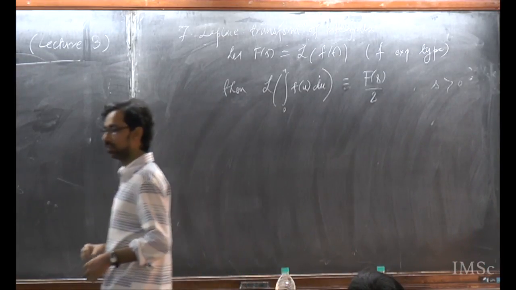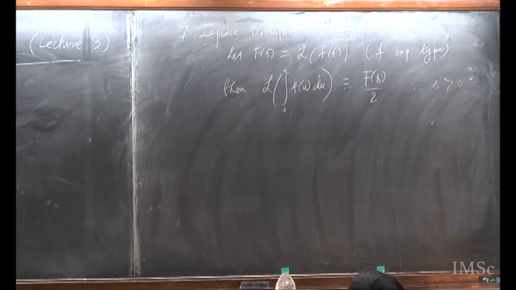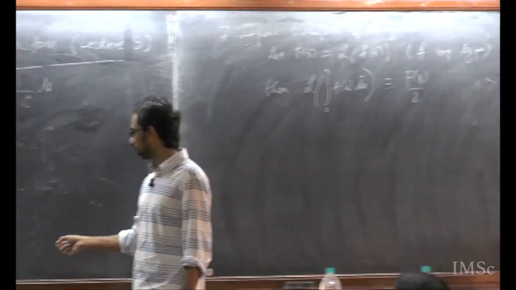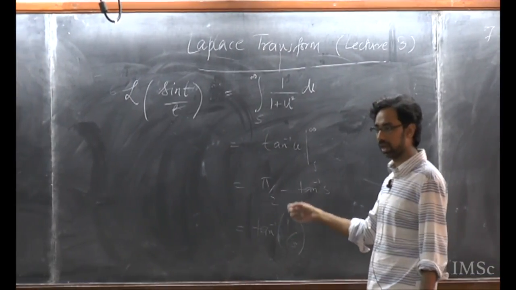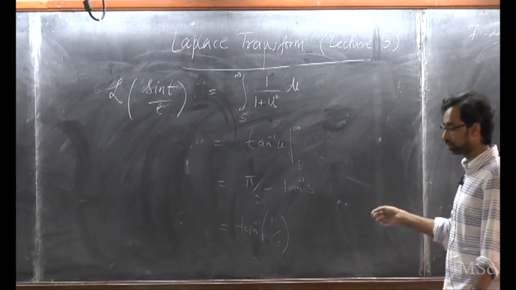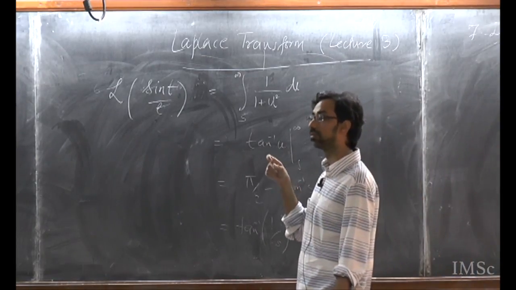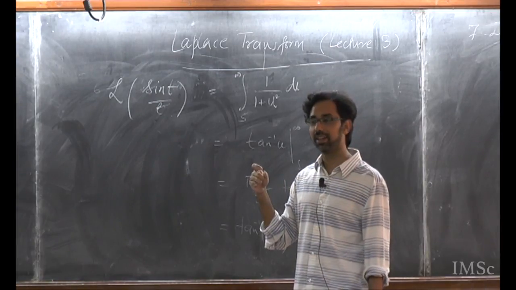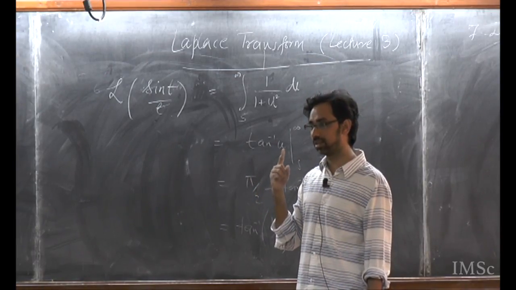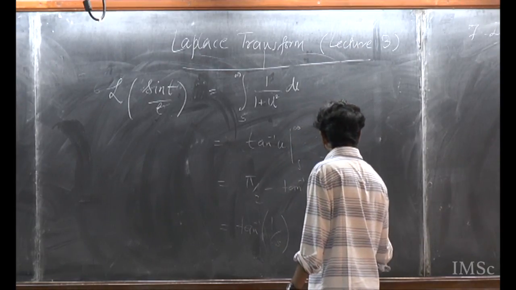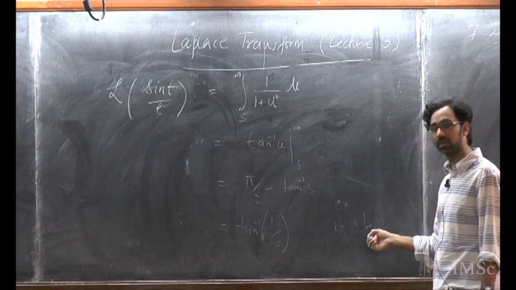So here again you will have this problem of, sorry? Oh, this is using the inverse trigonometric identity. You can check that tan inverse of x plus tan inverse of y is tan inverse of (x plus y) by (1 minus xy). So when you have 1 minus s times 1 over s in the denominator, this will become 0.